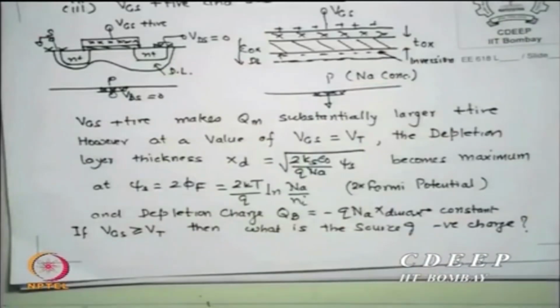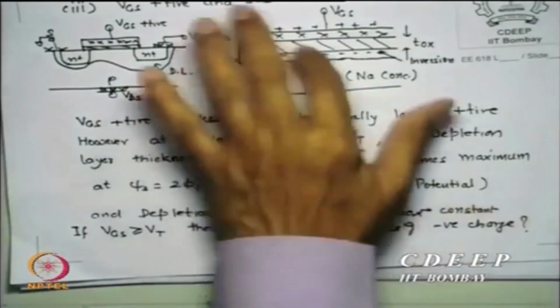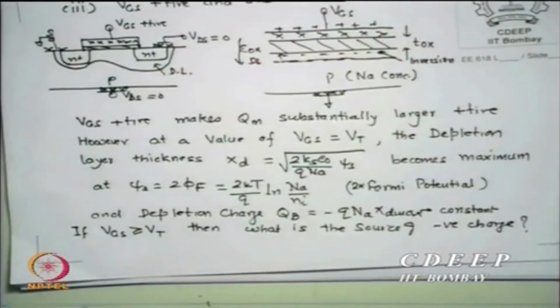Now we say VGS equal to VT, this occurs, by the definition we said, at psi s becoming 2 phi f. Actually when psi s becomes phi f, the material will become intrinsic. You can substitute this value and you see the material will be intrinsic. So it is not p type at the surface, it is intrinsic, but then there are very few electrons. We do not want that; we want a larger number. How many electrons are good enough for me?